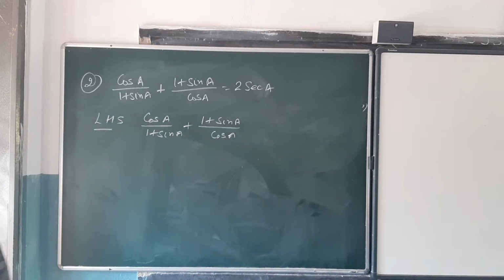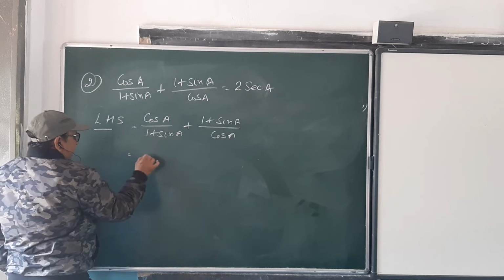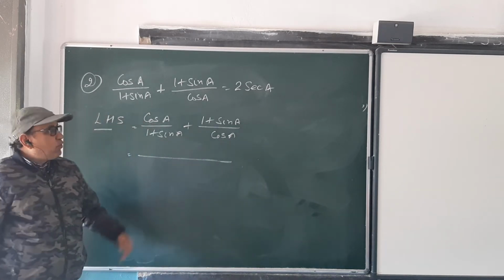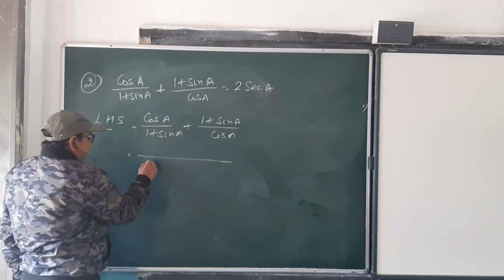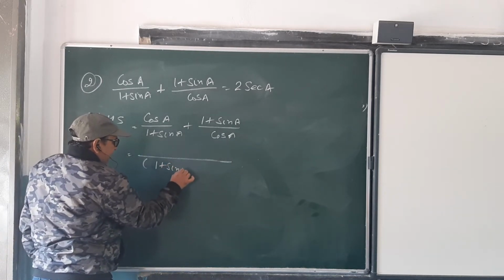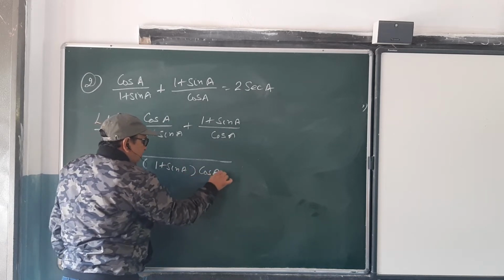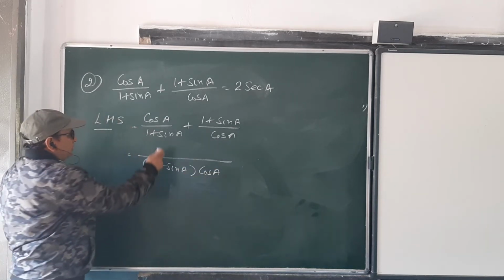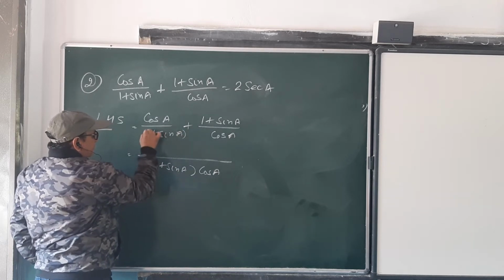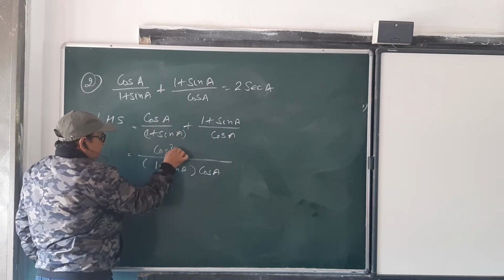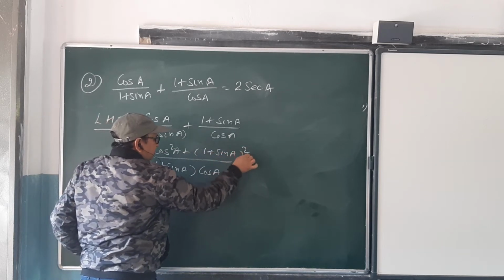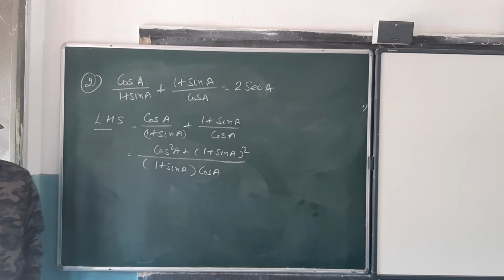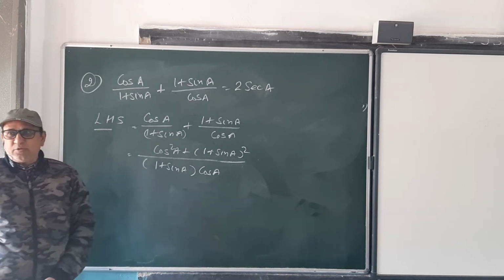Now see, simply you take the LCM, because there is no need to change. Already it is given in sin and cos. So we have taken the LCM (1 plus sin A) and cos A. Right? All together. So cos into cos, cos square A plus (1 plus sin A) whole square. Clear, madam? By taking the LCM, this is your first step.